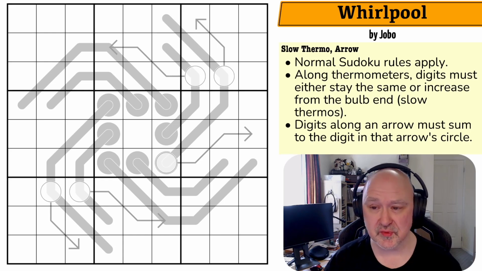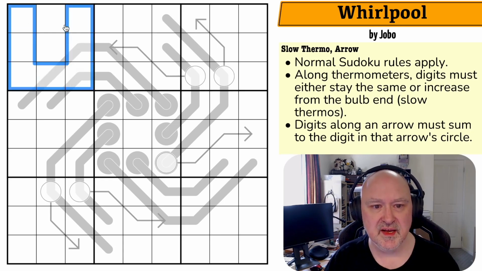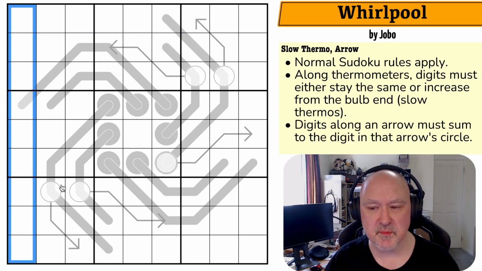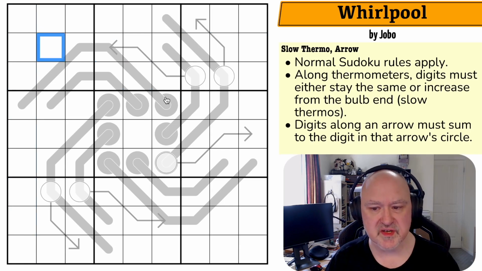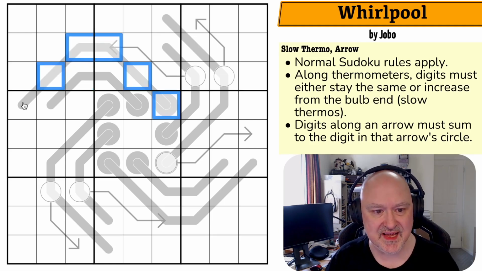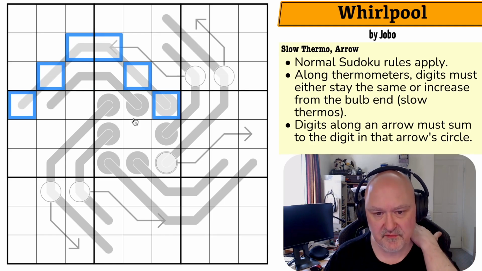Let's go through the rules. Normal Sudoku rules apply, so in every box, in every row, and in every column, the digits 1 to 9 must be placed without repetition. We've got these slow thermometers, and the way these work is that along thermometers, digits must either stay the same or increase from the bulb.